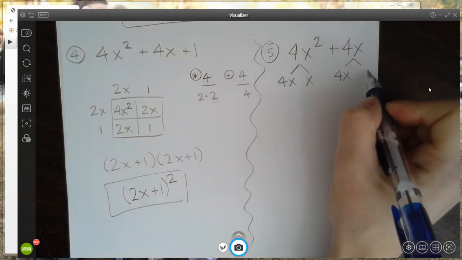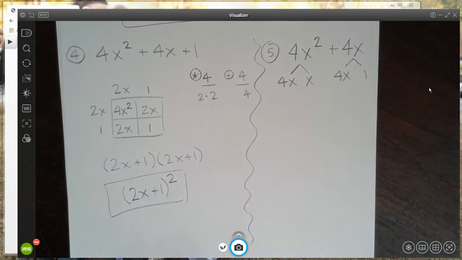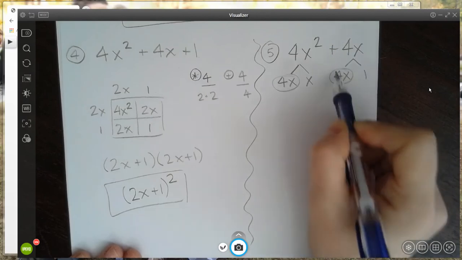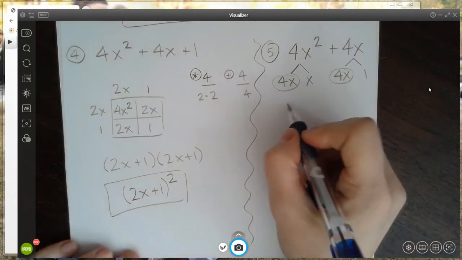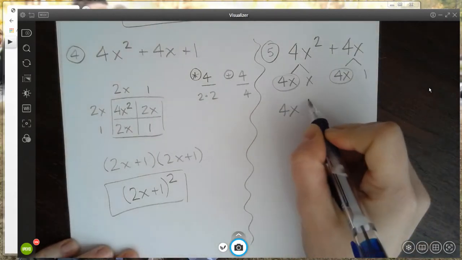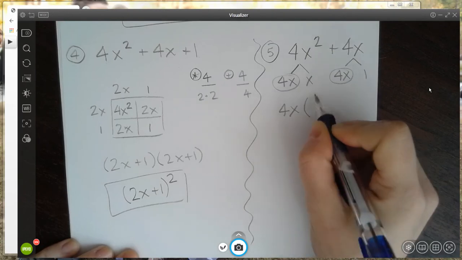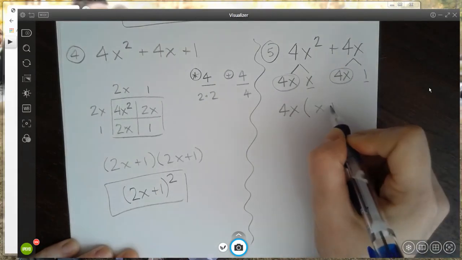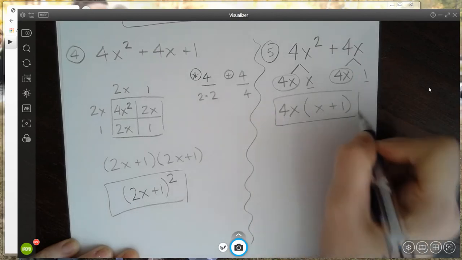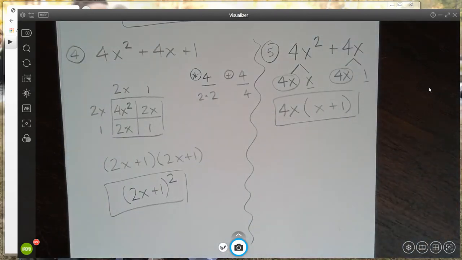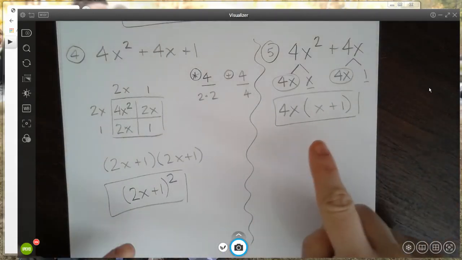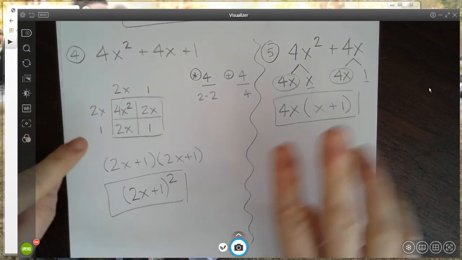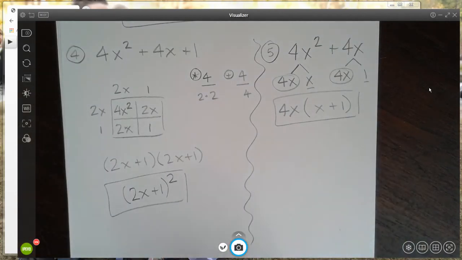Here, I'm not missing anything, so I would multiply by 1. This is the common factor that's going to go out front. So I would have 4x times what's left over, x plus 1. So just to see the drastic difference if there is a common factor and if there's not a common factor.